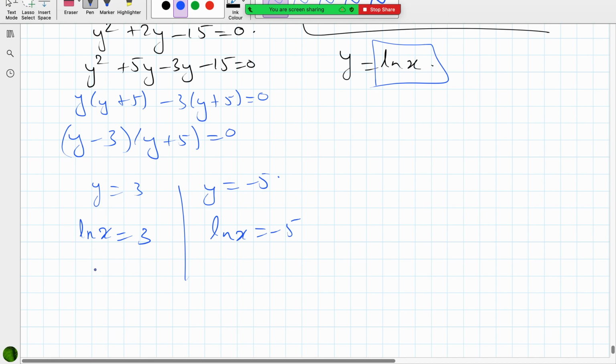When you change it to index form, this becomes e raised to power 3 and e raised to power minus 5. And this is your answer.